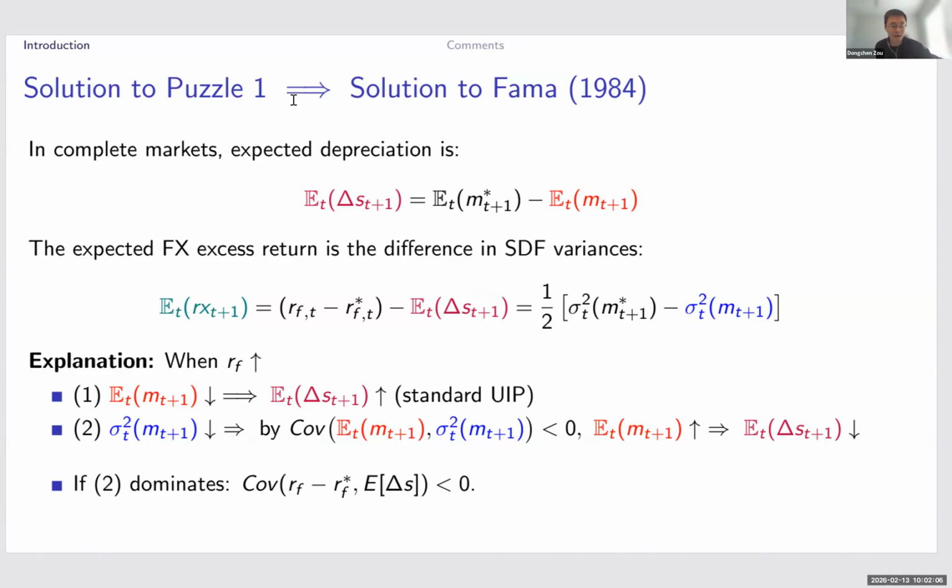I make my domestic good relatively less expensive compared to the foreign good. So that was the standard UIP.